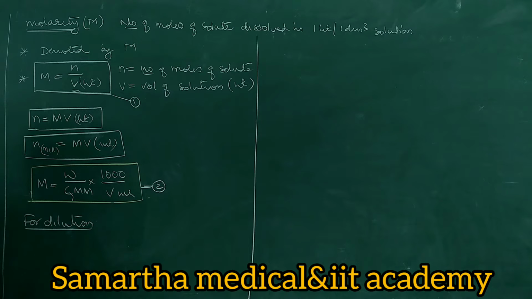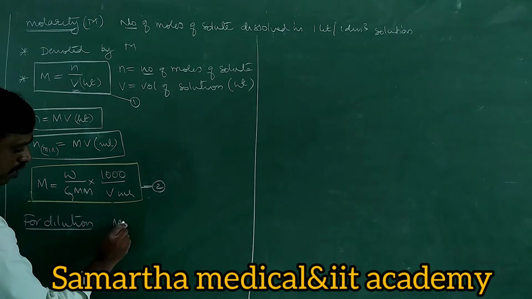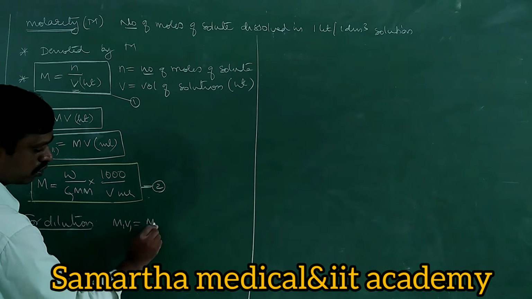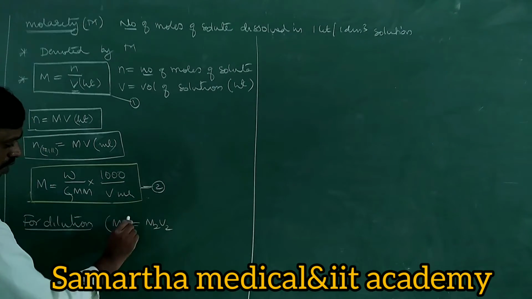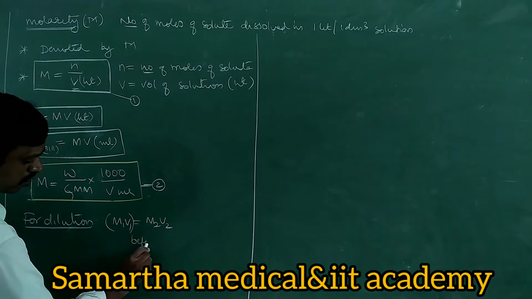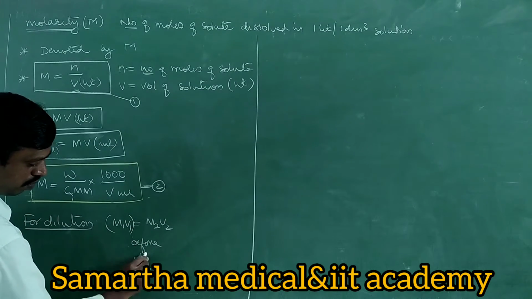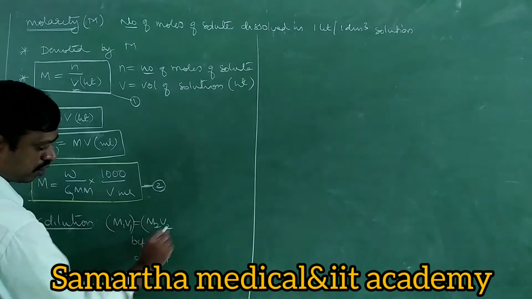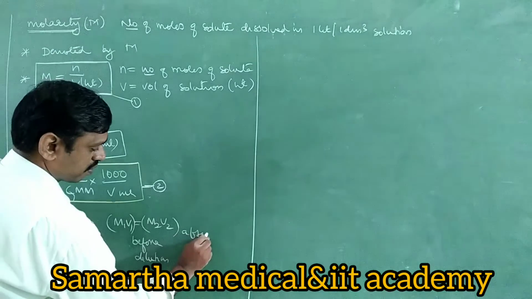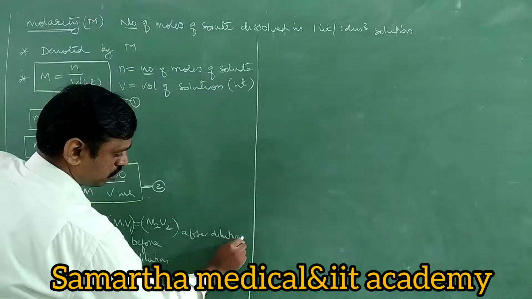For dilution, what is the molarity formula? M1 V1 equal to M2 V2. So M1 V1 is before dilution, and M2 V2 is after dilution.